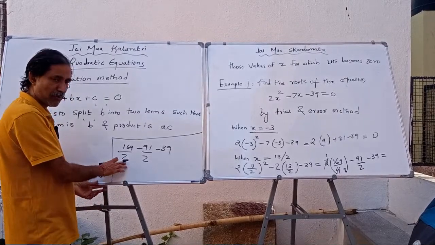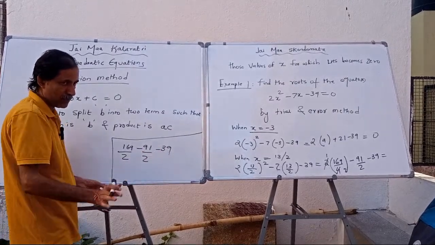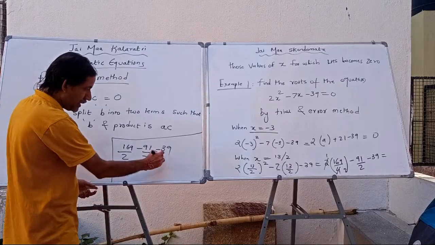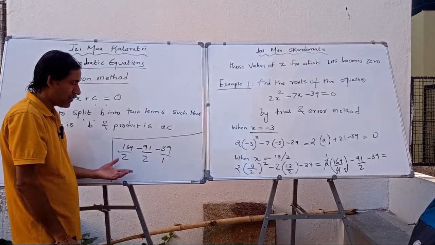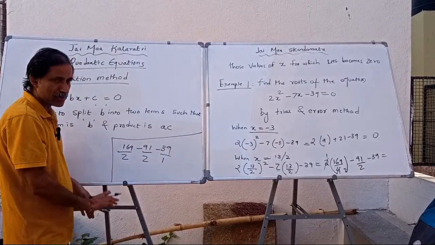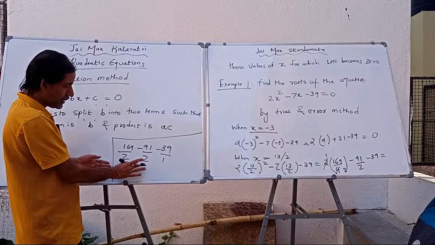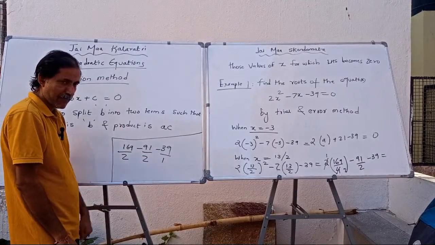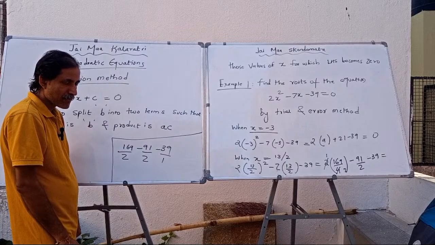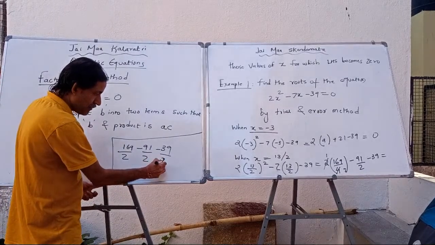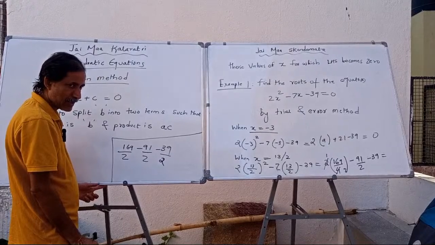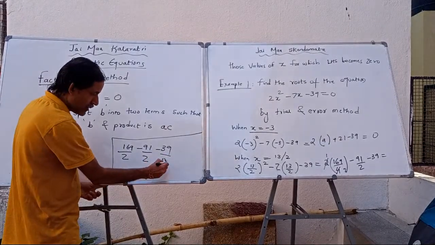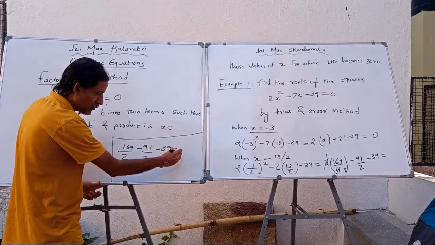See, here I have denominator 2, but here I don't have a denominator 2. Sorry, by default it is 1 only. So now I need the LCM if I have to combine all three. If you take these two, the LCM is not needed because the denominator is the same. Okay, let's do the LCM. What is it? 2. And the numerator will be, see here it is 1, so multiply numerator and denominator with 2.